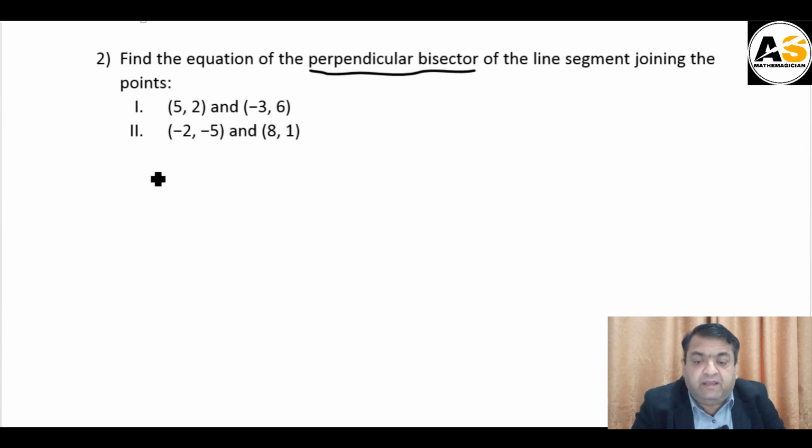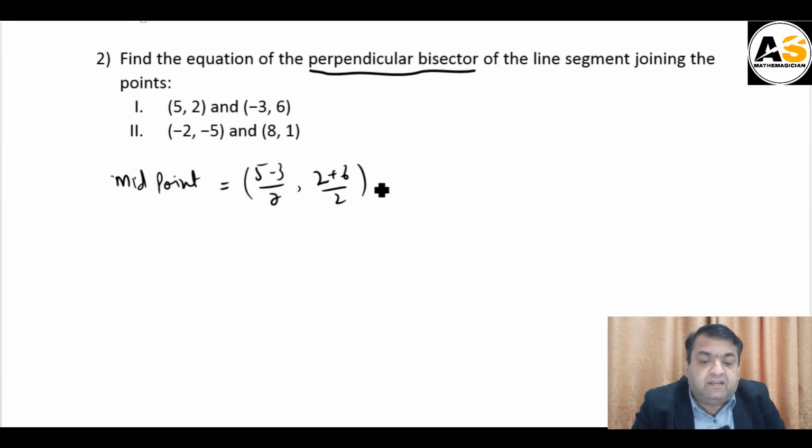So for part 1, what will be the formula for the midpoint? x1 plus x2 over 2, y1 plus y2 over 2, and upon simplification it will give me 1, 4. So this is the midpoint.